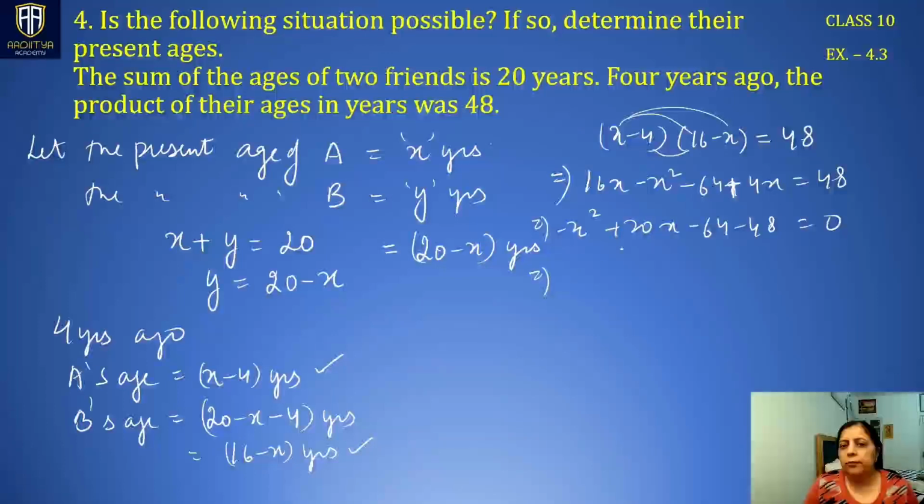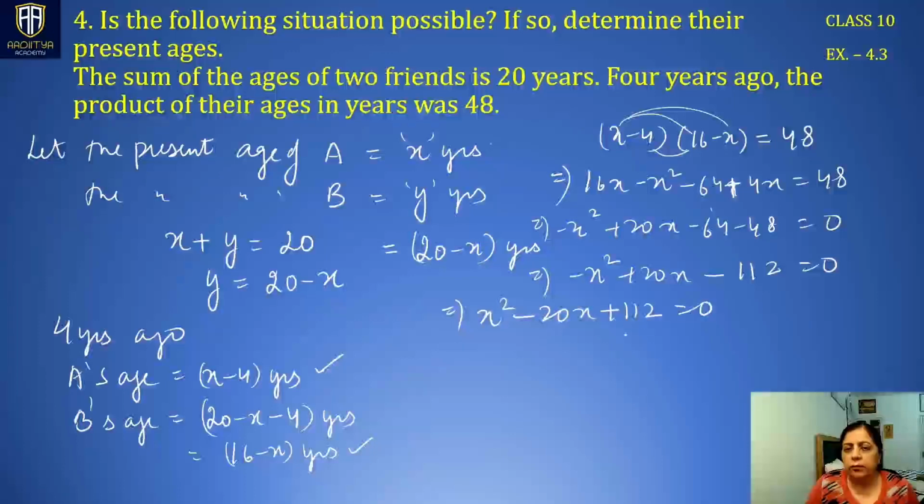This is plus 20x, and minus 112 equal to 0. On the left hand side, x square term is negative, so I am taking it to that side. x square minus 20x plus 112 is equal to 0. This is the equation in the standard form that we have got from the given information.